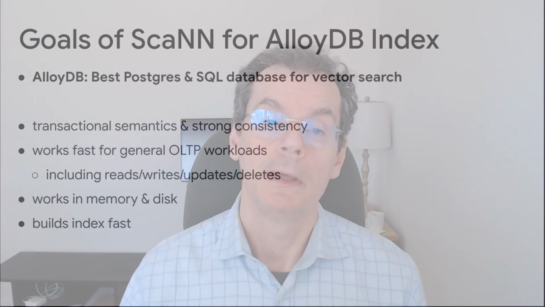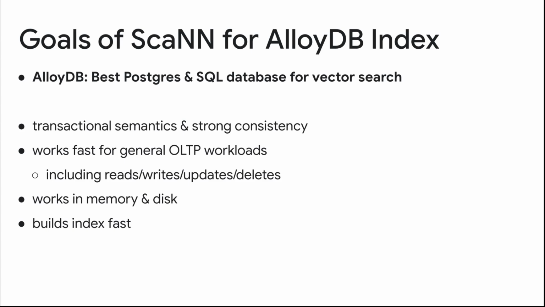Number one, we know that you like the transactional semantics and strong consistency of AlloyDB and of Postgres, and thus our index is transactionally consistent with the respective data that it is indexing.